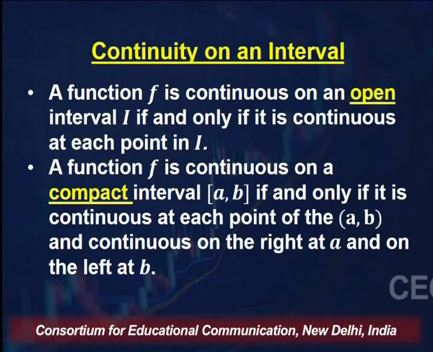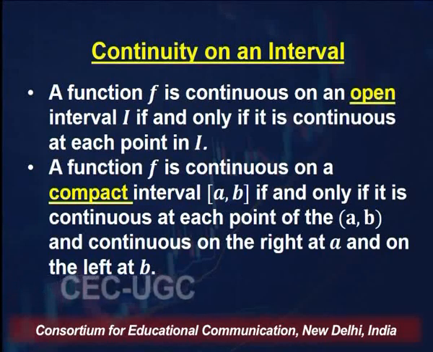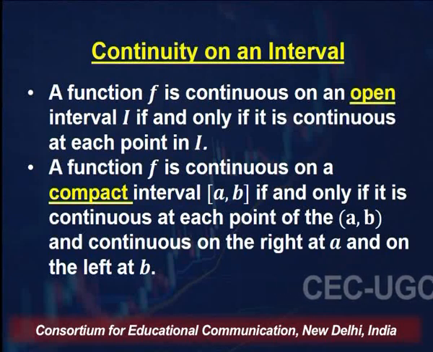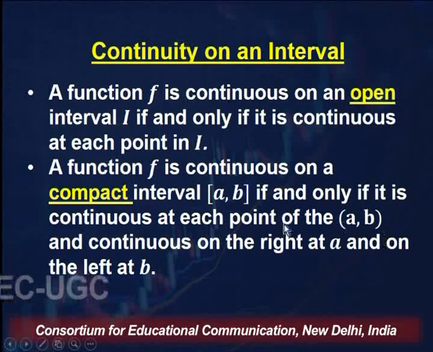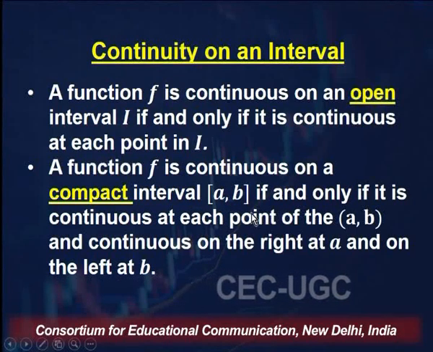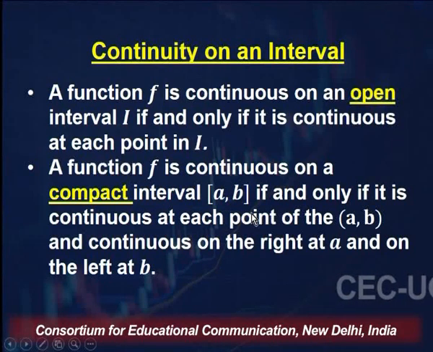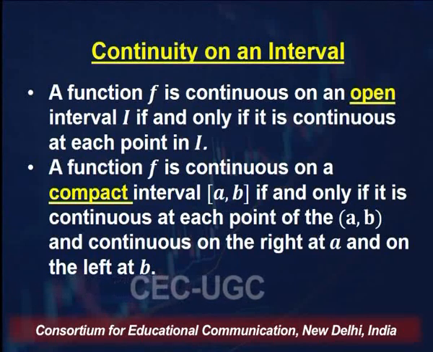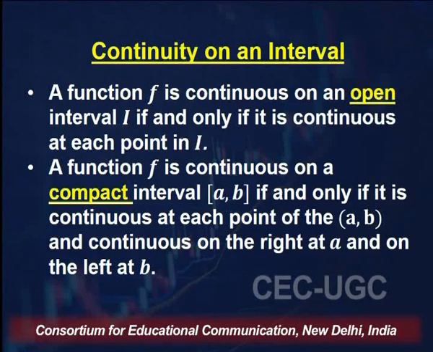On the other hand, if you're talking of a compact interval, a function f is continuous on a compact interval a comma b. It is closed and bounded, that is to say, it includes its end points. So a function is continuous on a compact interval if and only if it is continuous at each point in the open interval, so the first part of the definition comes in.